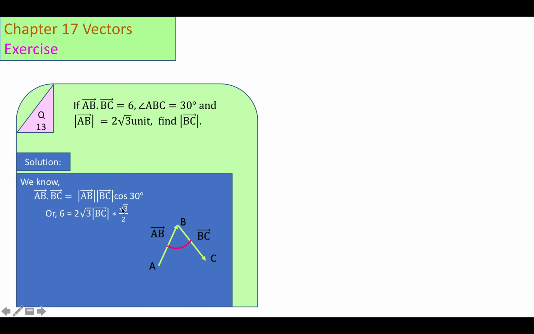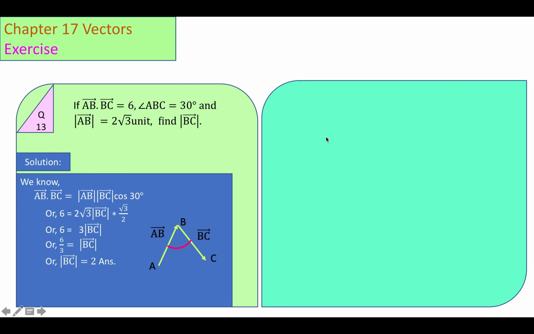So 6 equals 3 magnitude of vector BC, or 6 by 3 equals magnitude of vector BC. Magnitude of vector BC is 2, and that is our answer.